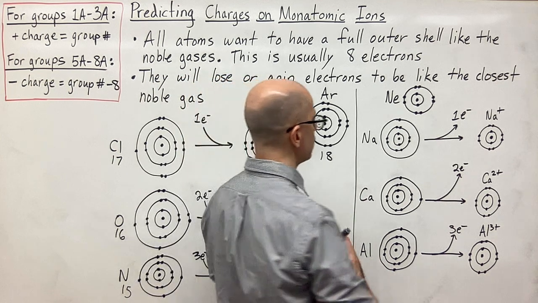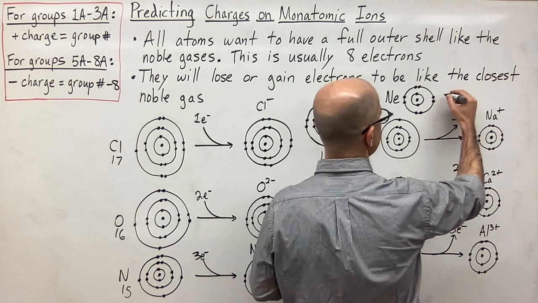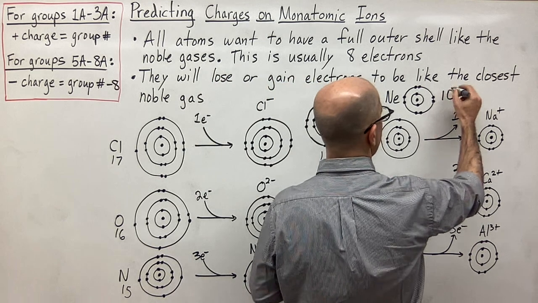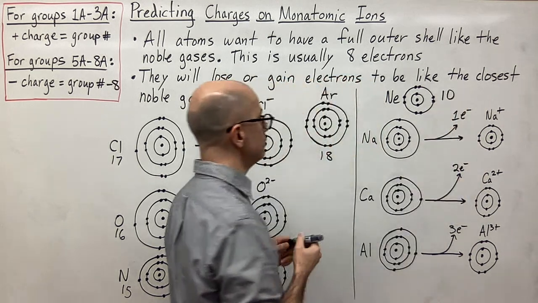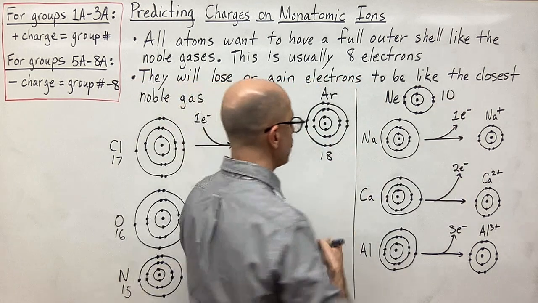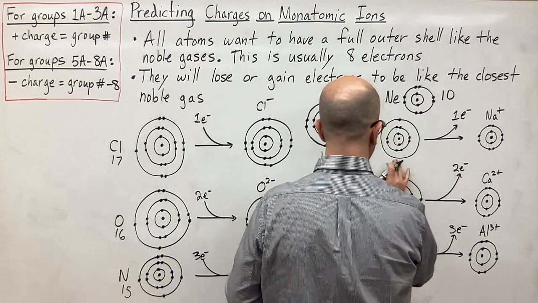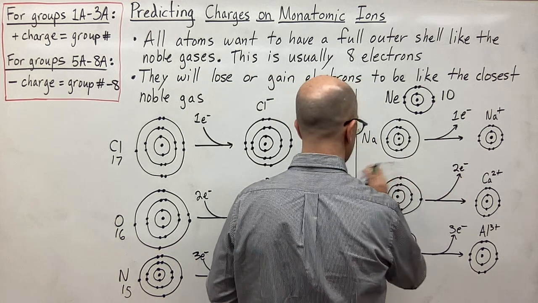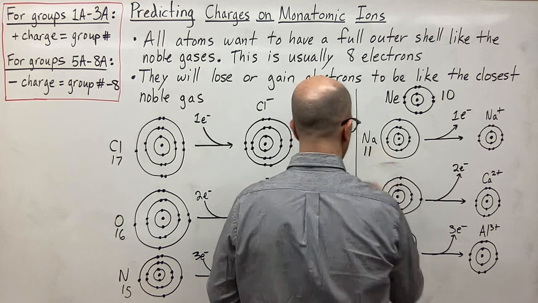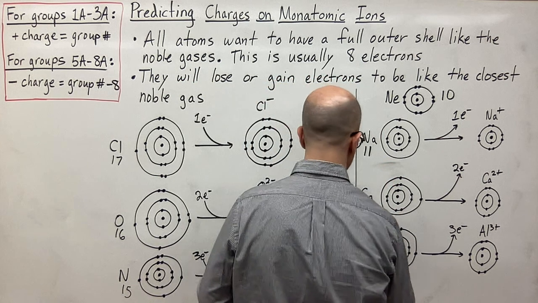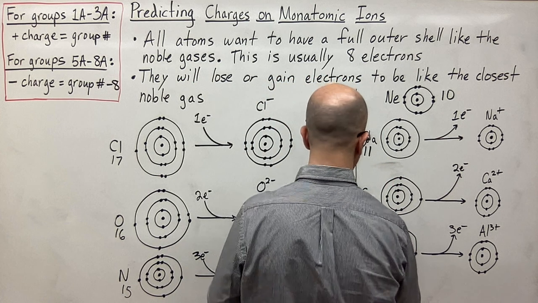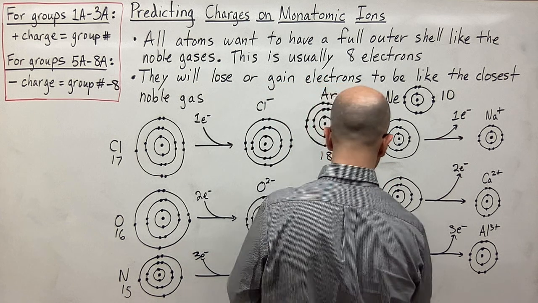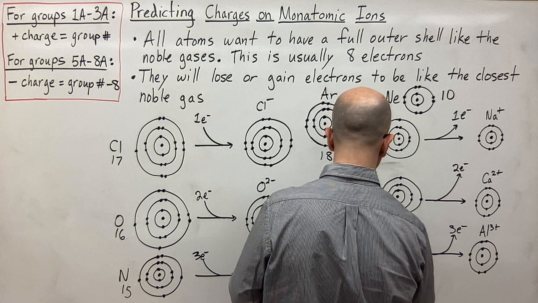So neon here, this is number 10 on the periodic table. Sodium is number 11. Here, let me write it here. Sodium is number 11. Magnesium is number 12.